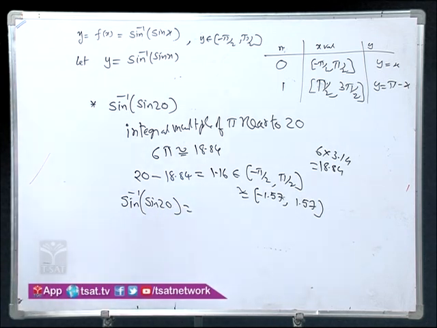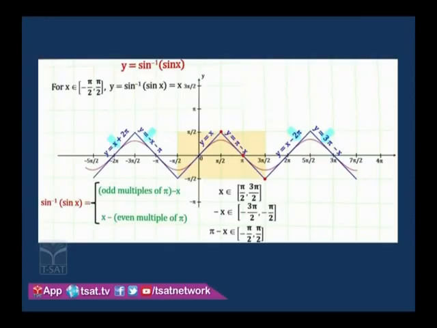we know the formula for higher values of sin inverse of sin x. If the multiple of pi is odd, then the output is the odd multiple of pi minus x.